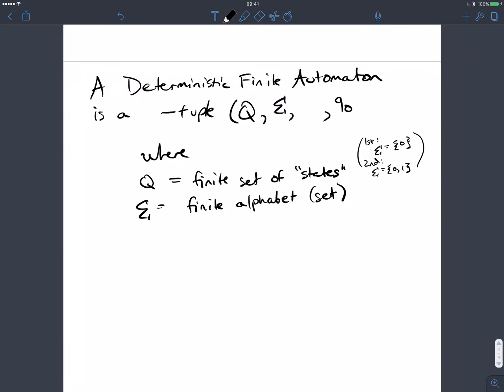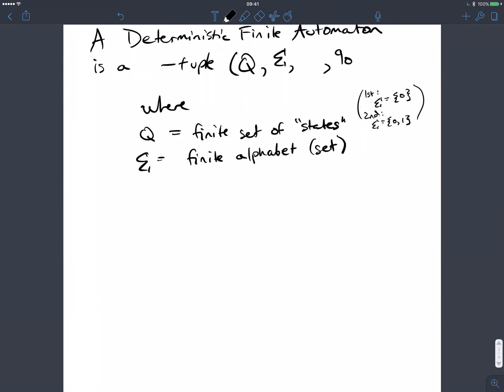The name means nothing as long as it's an element of this set Q. So Q0 is an element of Q, and we call it the start state.